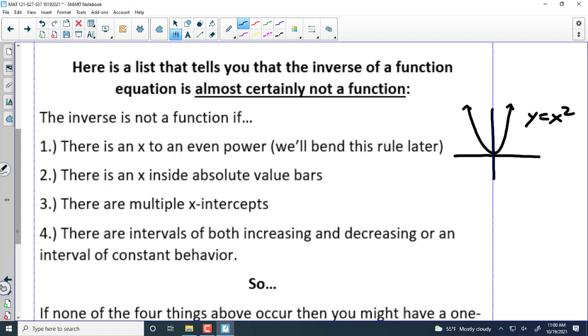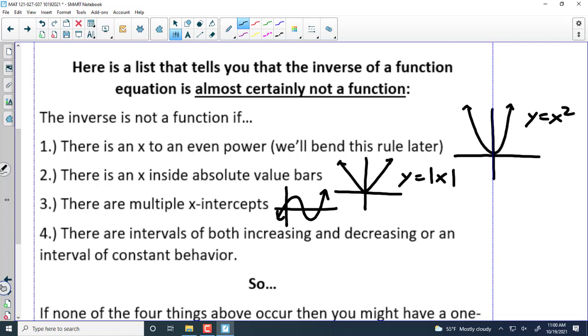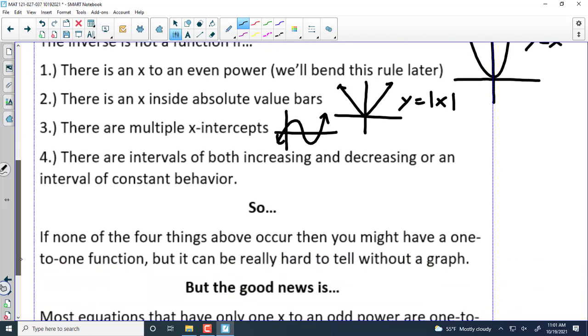There's an x inside absolute value bars. These are functions, everyone, it's just that their inverse is not. There are multiple x-intercepts. There are intervals of both increasing and decreasing, or an interval of constant behavior.